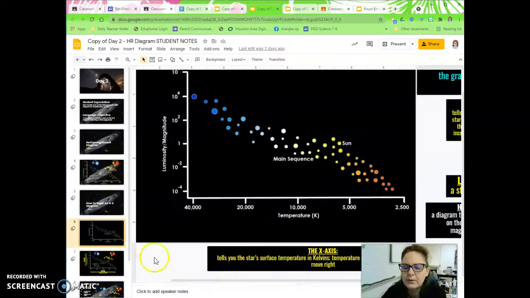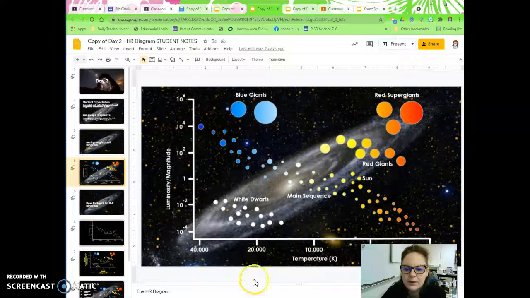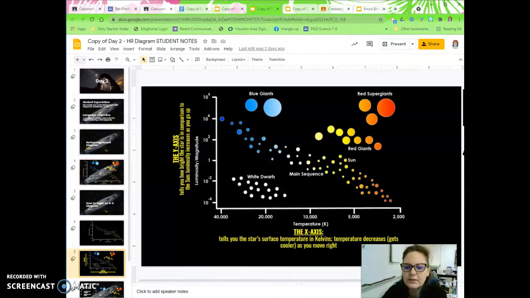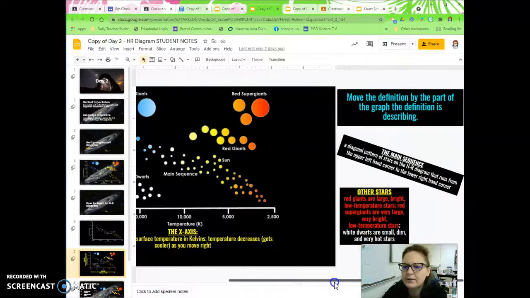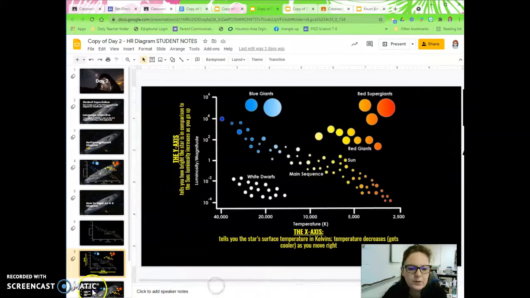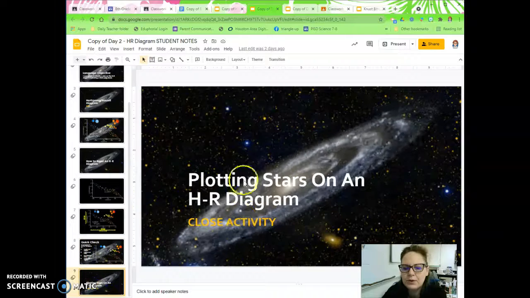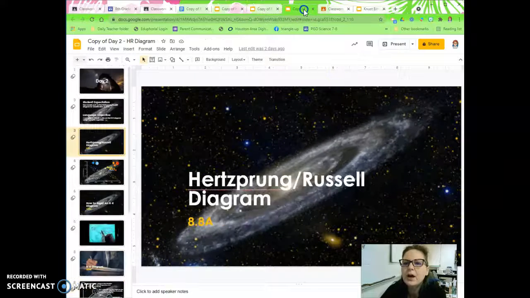There are some things around it that you'll look at. I don't think there was anything on this one. No. Okay. And just continue to add different labels and different things as we go. And then there's a quick check at the bottom. And then we'll go on to plotting the stars afterwards.